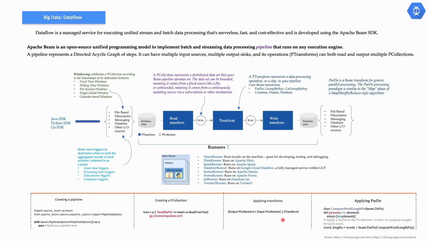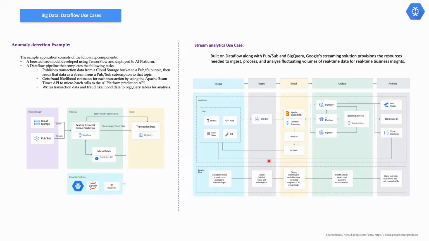Overall, Dataflow is one of the premier and a flagship product that lots and lots of companies are using. If we look at some of the use cases, these are the two use cases I'll go through. The first is the anomaly detection example.